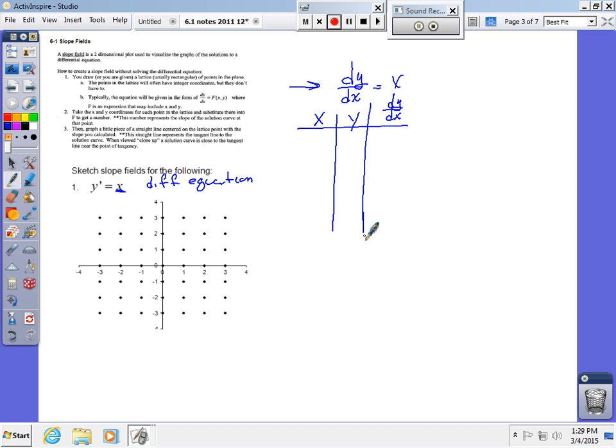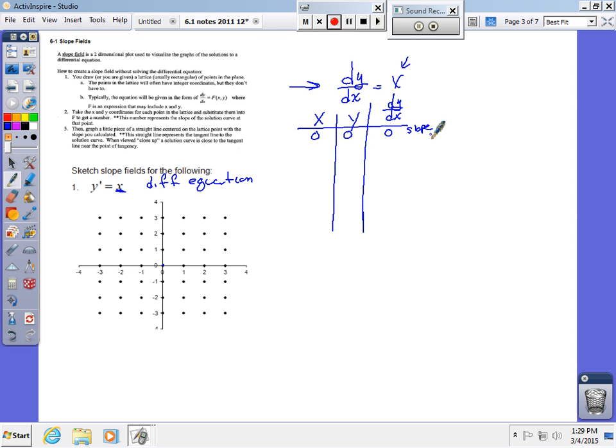All right, let's start off with the point 0, 0. If we plug it into this function, there's no y value, there's just an x value. So if I plug in 0 there, I'm going to get 0. That's the slope at that point.